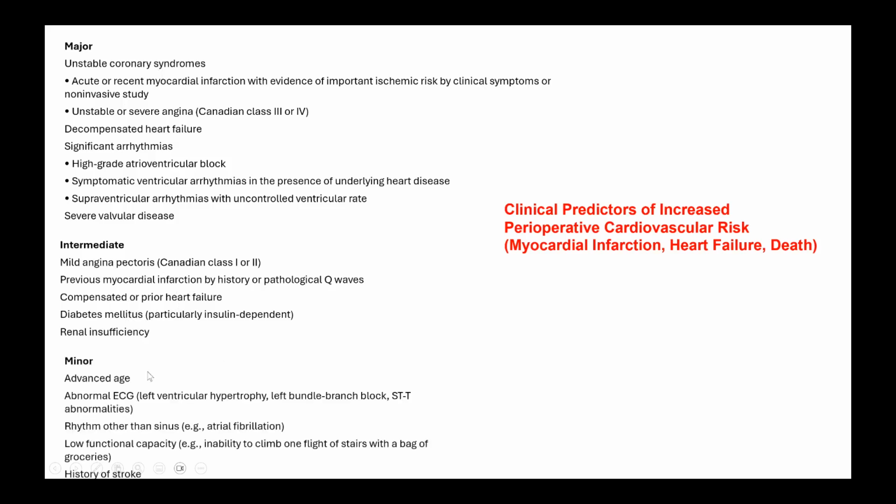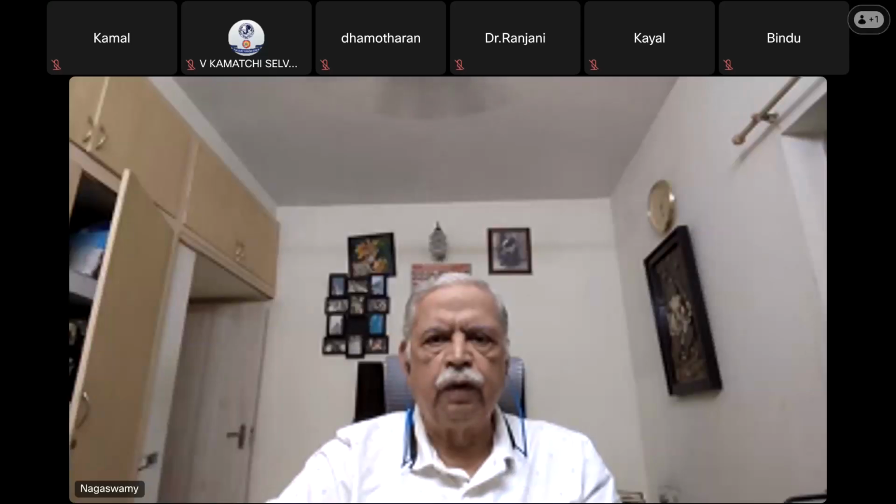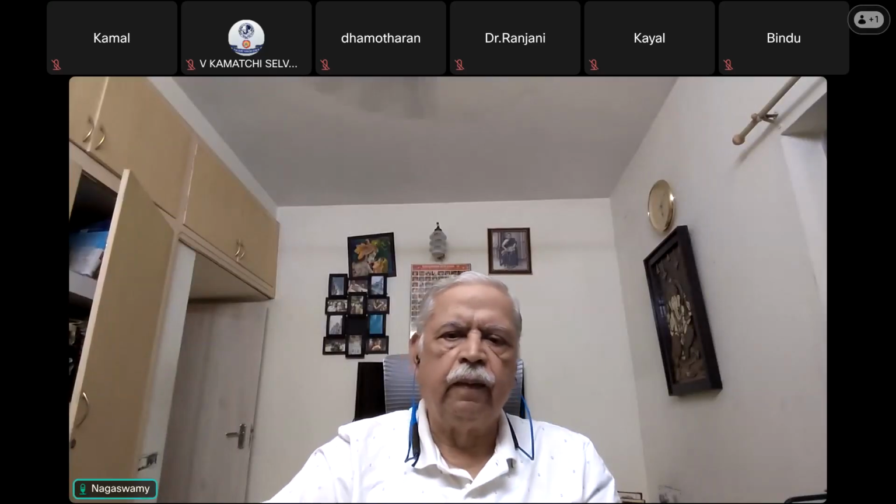And the minor risk factors are advanced age, abnormal ECG, like LVH or left bundle branch block, or new onset LBBB, rhythm other than sinus, controlled atrial fibrillation, permanent atrial fibrillation, low functional capacity, and history of stroke. All these things are considered as minor risk factors. So that is the way you can present the answer by including all these points in your presentation. Okay.